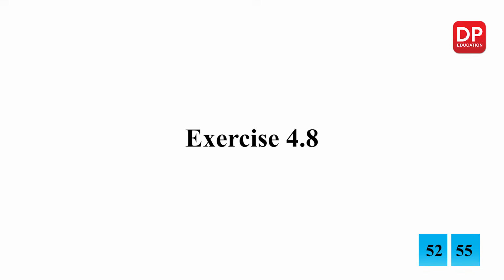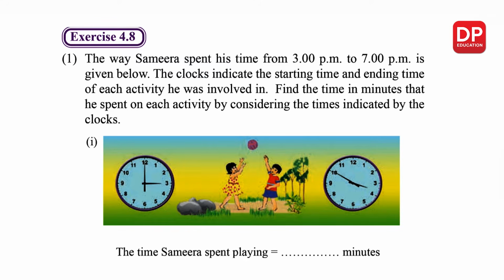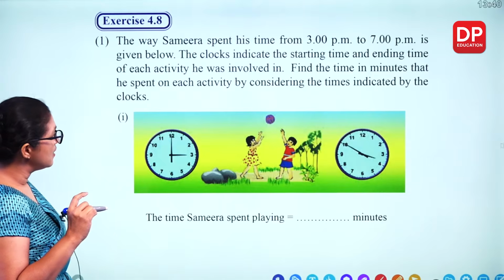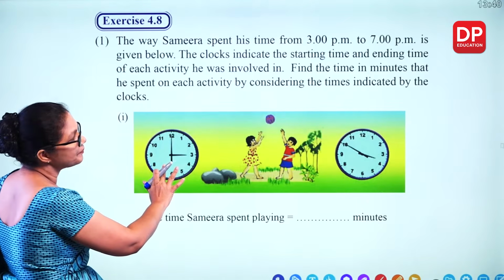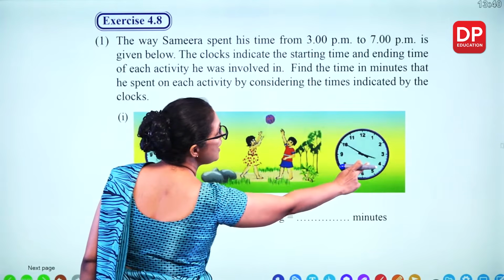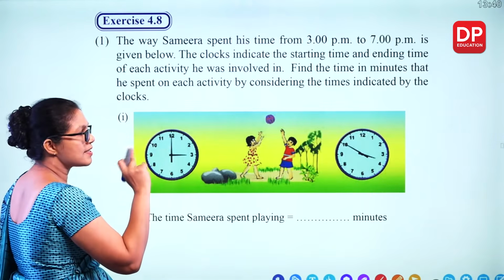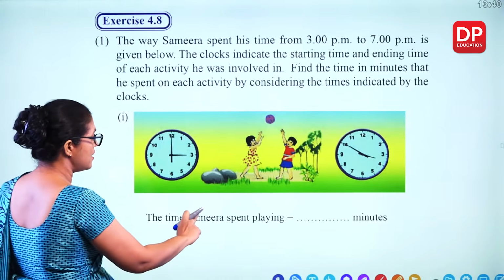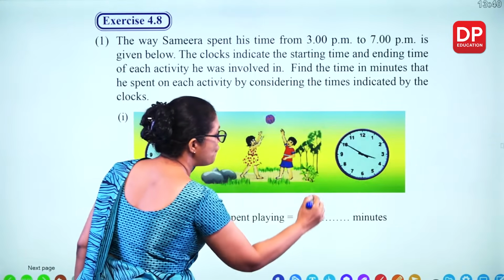Exercise 4.8. The way Samira spent his time from 3 p.m. to 7 p.m. is given below. The clocks indicate the starting time and ending time of each activity he was involved in. Find the time in minutes that he spent on each activity by considering the times indicated by the clocks. 3 o'clock. What's the time here? 3:50. What's the duration? So he played for 50 minutes.